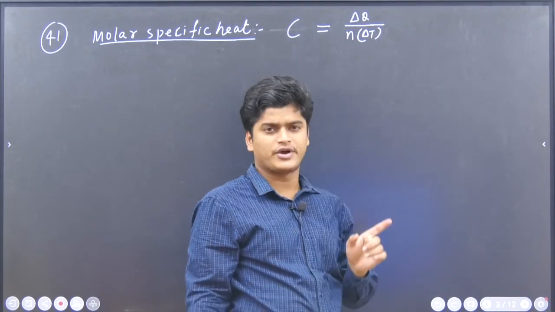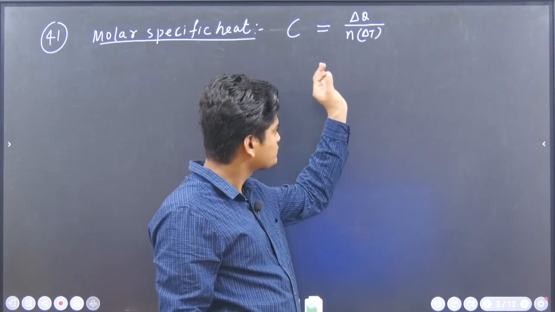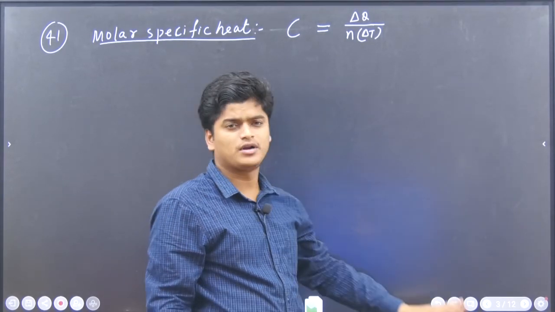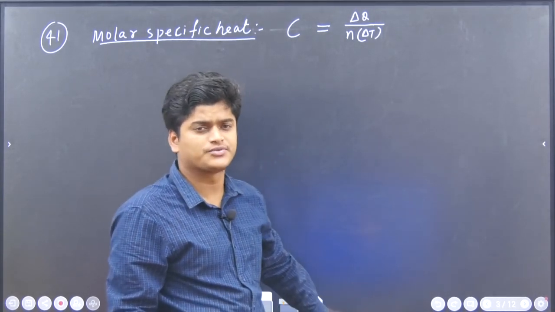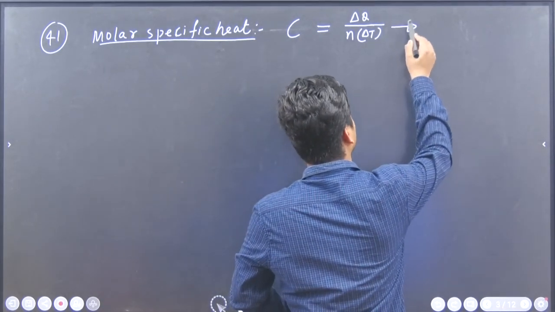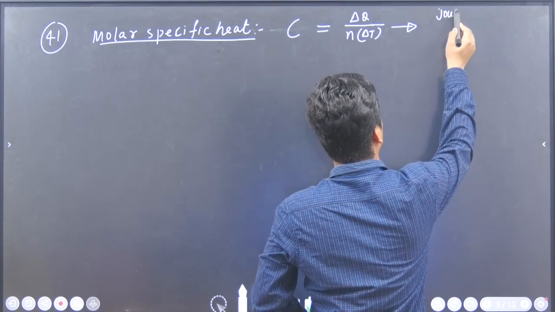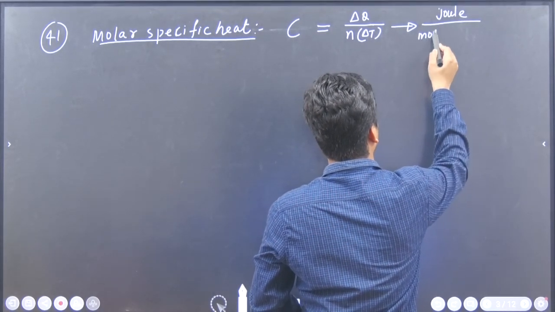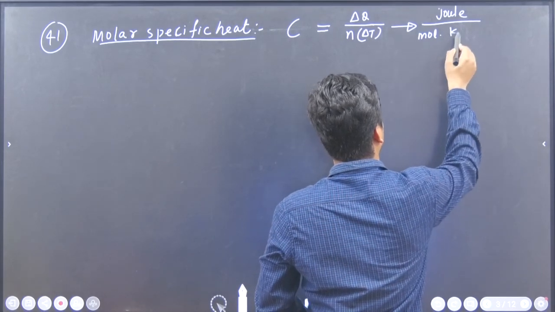How much heat is required to increase the temperature by 1 degree for 1 mole of the substance is called molar specific heat. If we check the unit, heat unit is joule, mole unit is mole, and here it will be Kelvin.